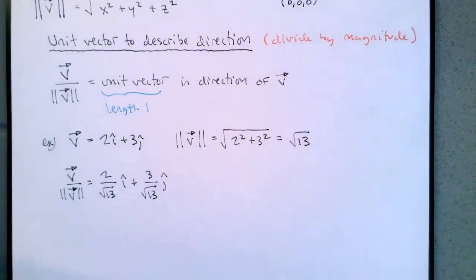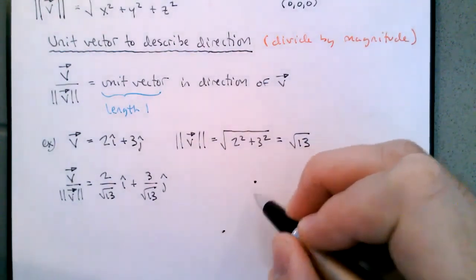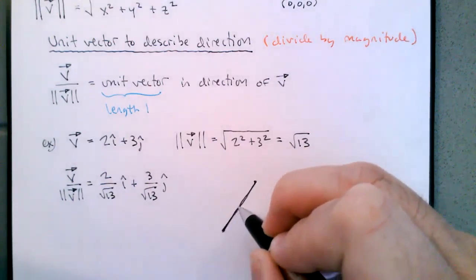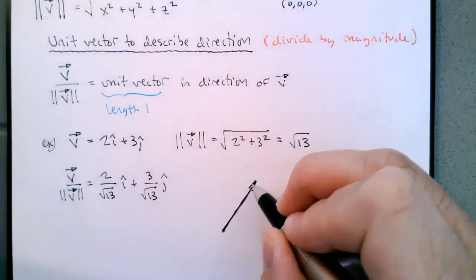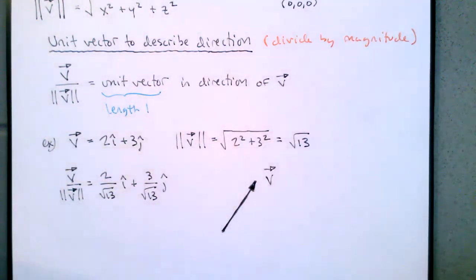So the square root of 13 is more than 1. If I draw the vector v, which is 2i plus 3j, that has a magnitude of the square root of 13.